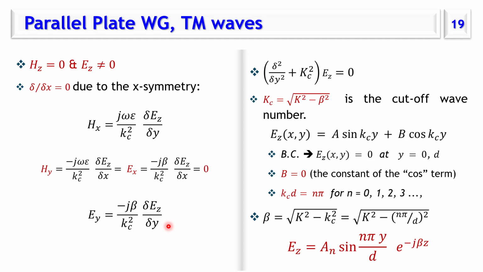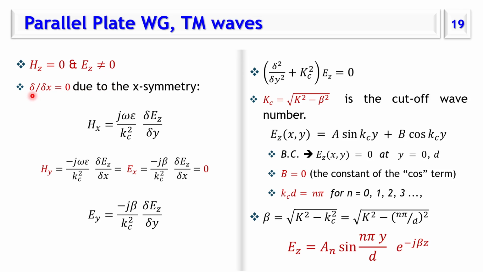Now we move to the second category of waves that can propagate in a waveguide, here a parallel plate waveguide, which is TM. For TM, transverse magnetic, the magnetic field is transverse and has no longitudinal component, but the electric field does have a longitudinal component.